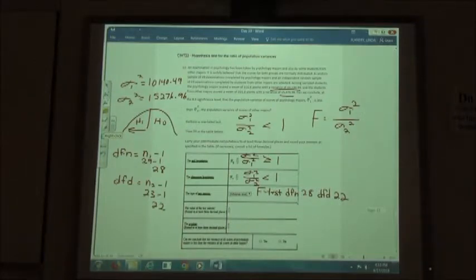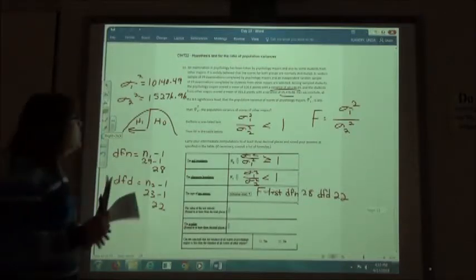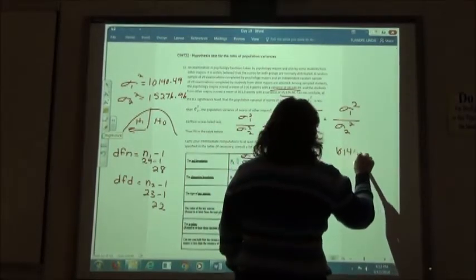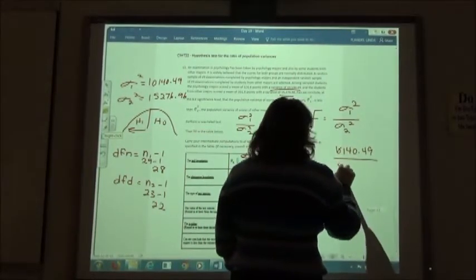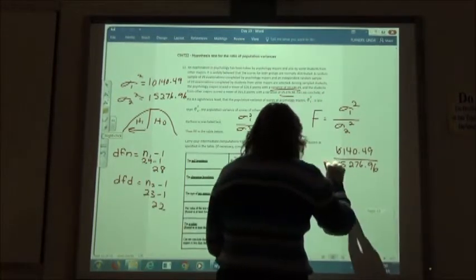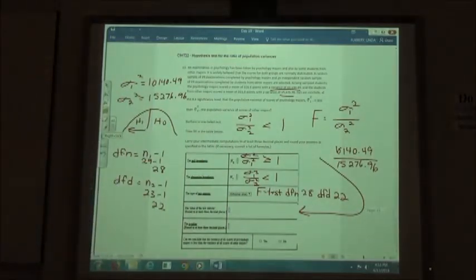I'm going to just find the value of my test statistic by dividing out my 2 sample variances. So I'm going to take the 10,140.49 divided by my 15,276.96, and that's going to give me the value of my test statistic. So that one's a lot easier to calculate than most of them have been.